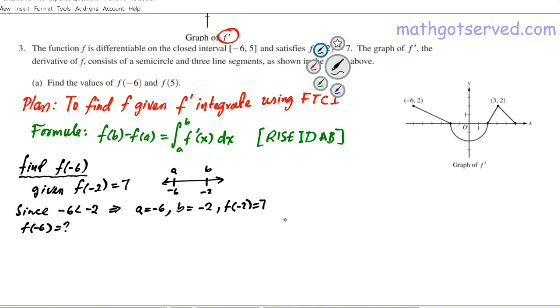All right, let's set up our integral. Using FTC part 1, rise equals integral, we have f of b. So what is b? Negative 2, right? So f of b is f of negative 2 minus f of a is equal to the integral from a to b.